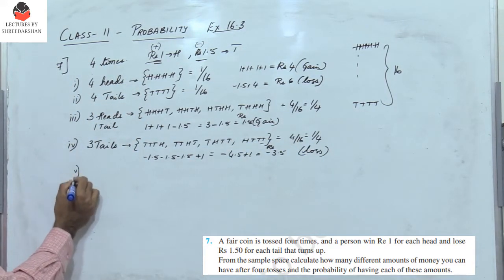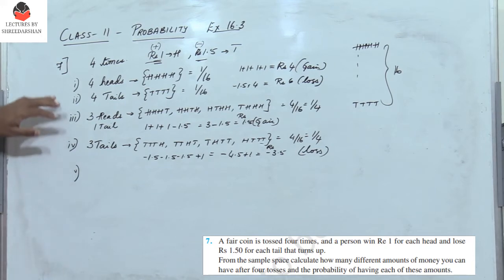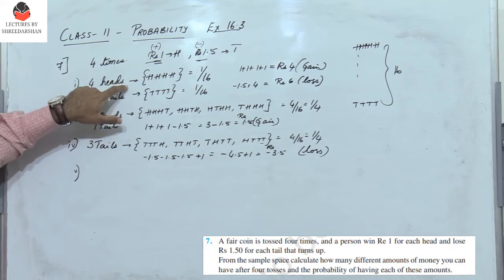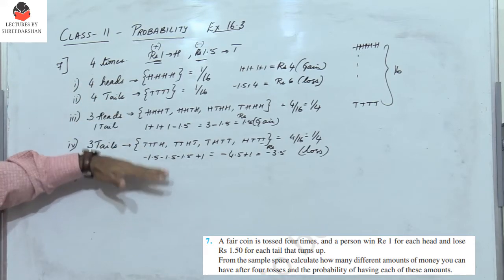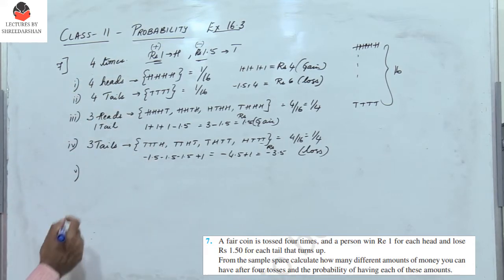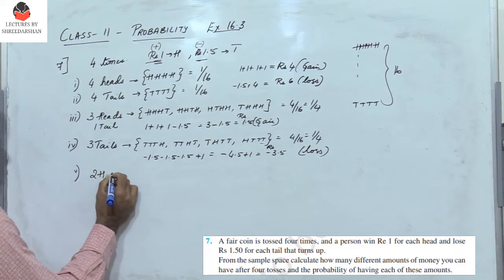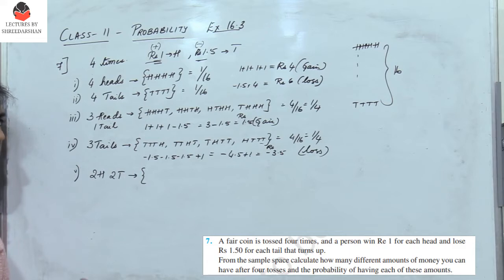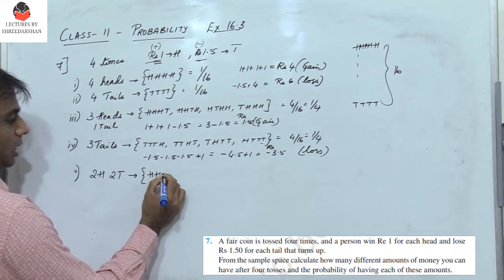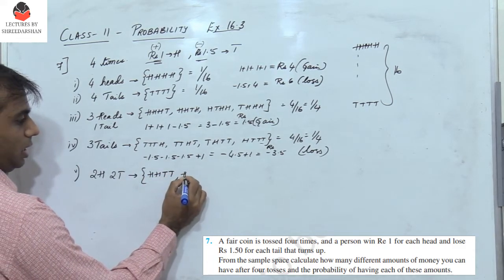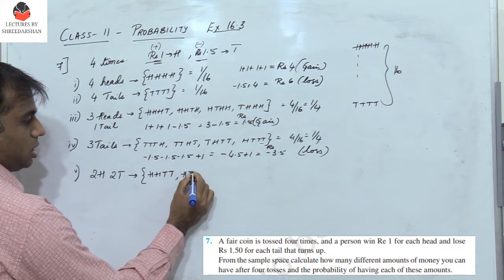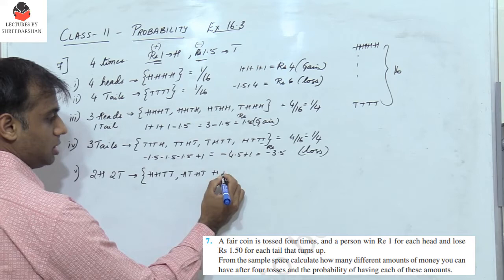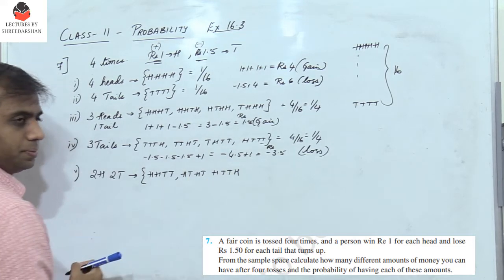Next, among 16, how many are over? So here 4 plus 4 is 8, 9, 10. So 10 of them are over. We have 6 more combinations and they have 2 heads and 2 tails. So let us list them out. Head, head, tail, tail. Head, tail, head, tail. Head, tail, tail, head.